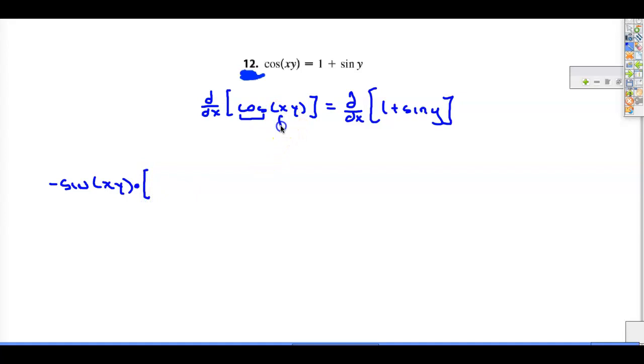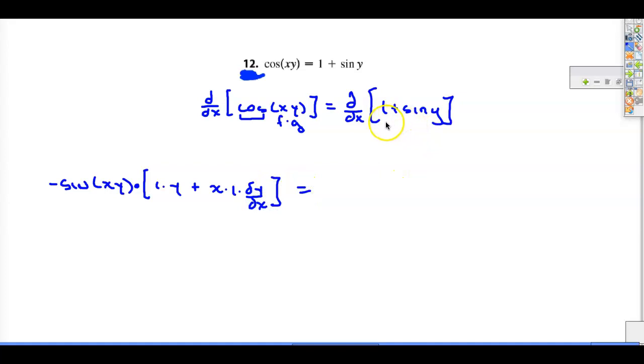So the product was f here, and this would be g. In this case, f prime will be 1 times g, which would be y, plus f, which would be x, times the derivative of g. So you take the derivative of y, which is 1, but that's where we're adding the dy/dx here.